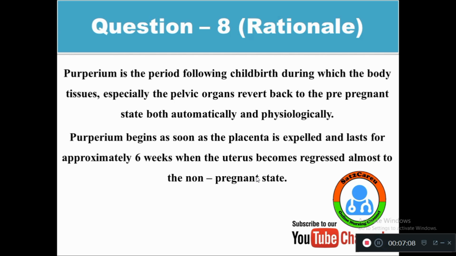Puerperium is the period following childbirth during which the body tissues, especially in the pelvic organs, revert back to the pre-pregnant stage, both anatomically and physiologically. Puerperium begins as soon as the placenta is expelled and lasts approximately 6 weeks, when the uterus becomes regressed almost to the non-pregnant state.